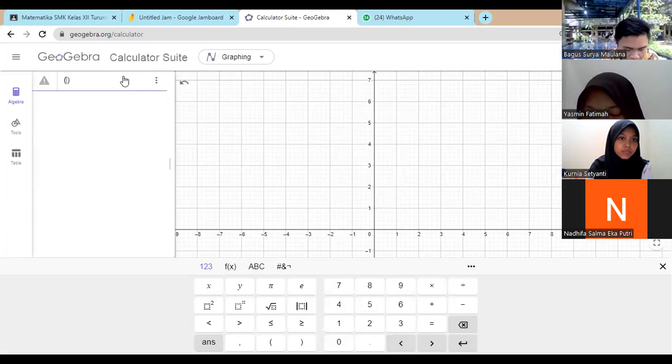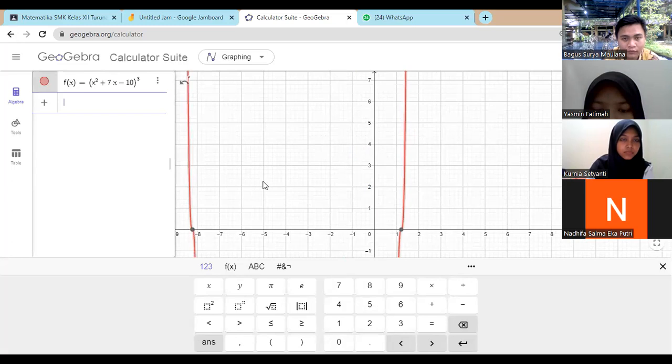Suppose that we have the function x to the power of 3 plus 7x minus 10 to the power of 3. So this is the form of the function.